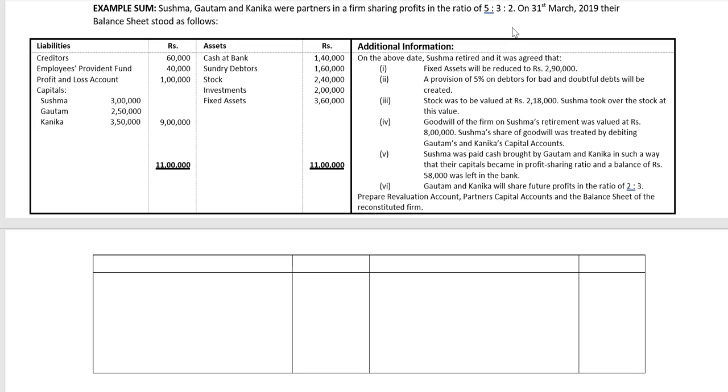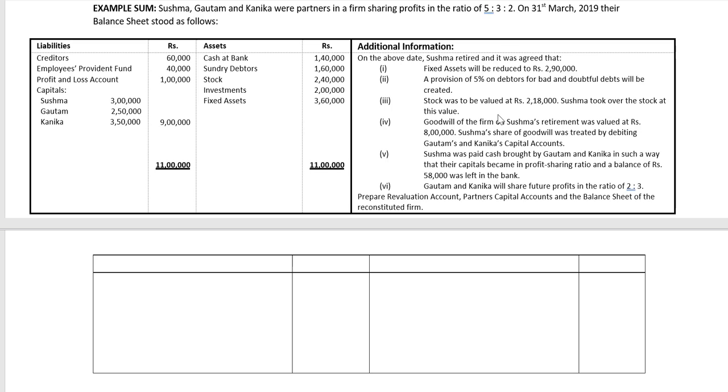On the above date, Sushma retired and it was agreed that first point, fixed assets will be reduced to rupees 2,90,000. Second point, a provision of 5% on debtors for bad and doubtful debts will be created.